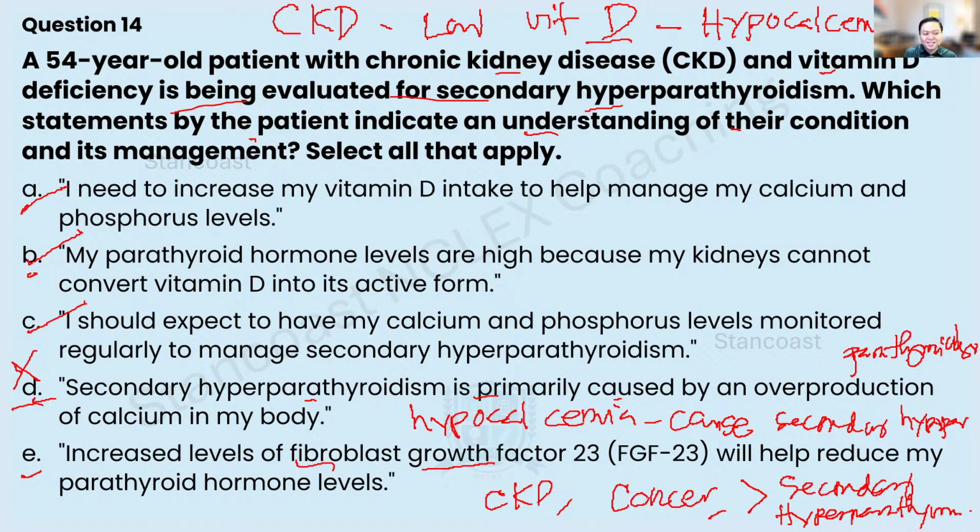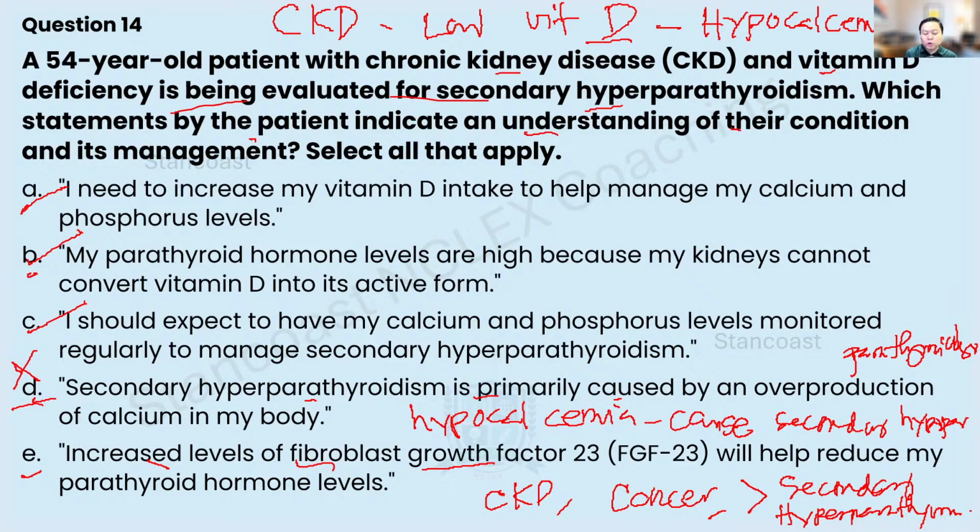Again, guys, letter E is incorrect because if there is elevation of the FGF factor, this is only going to be effective during the early phase. This is only going to alleviate the manifestations of hyperparathyroidism during the initial phases. However, we know that the CKD is progressive, right?